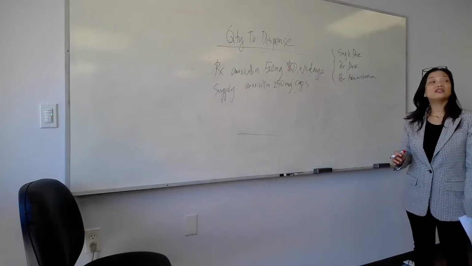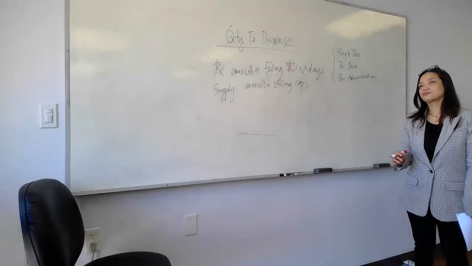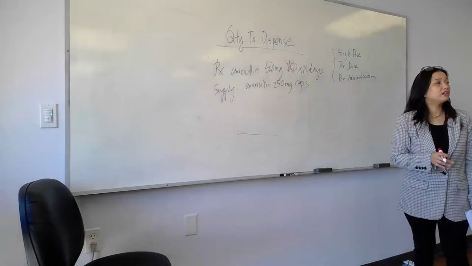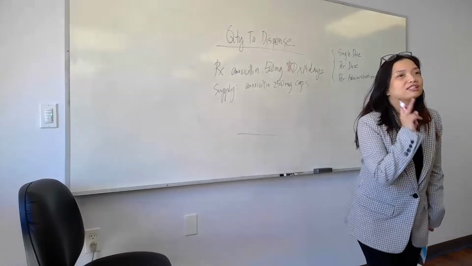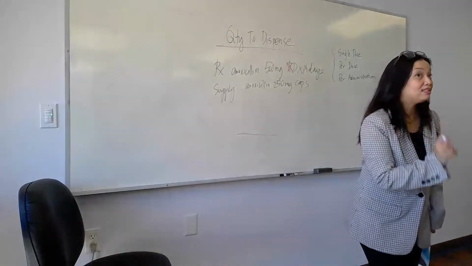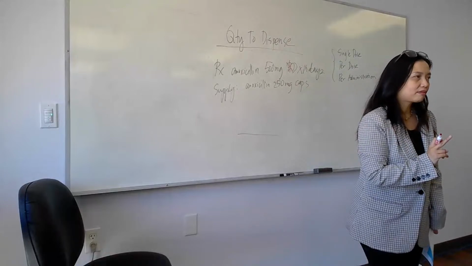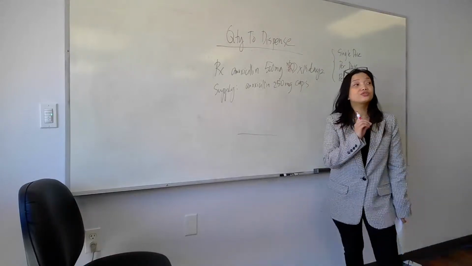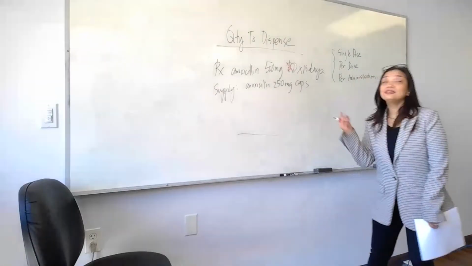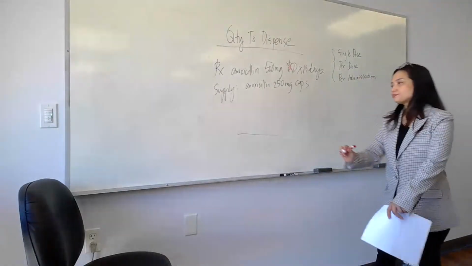So how do we calculate this? You do have a formula on top, right? That formula only works for tablets and capsules. Listen to me. Formula only works for tablets and capsules. But since it's capsule, let's try to make it work.